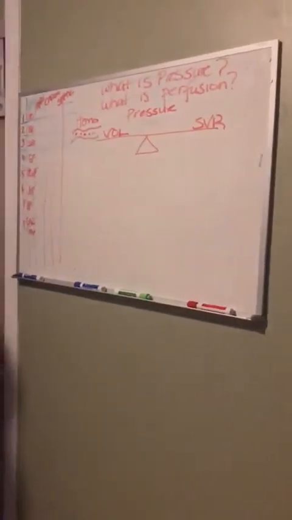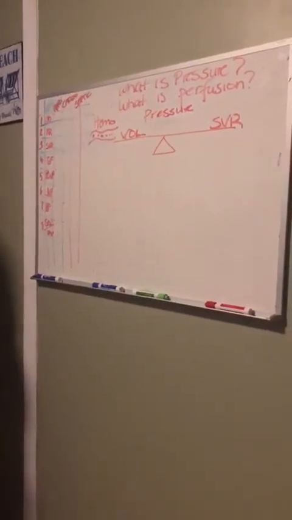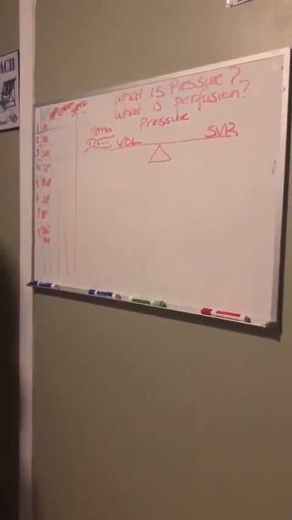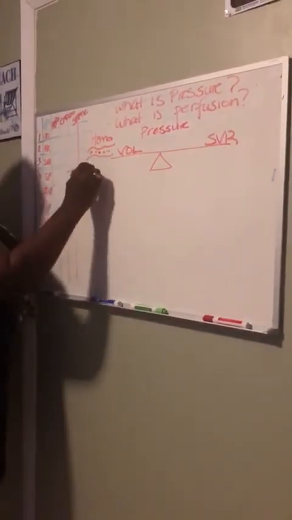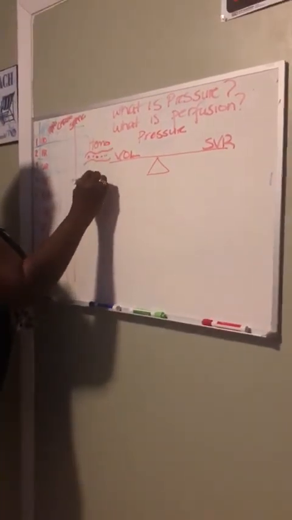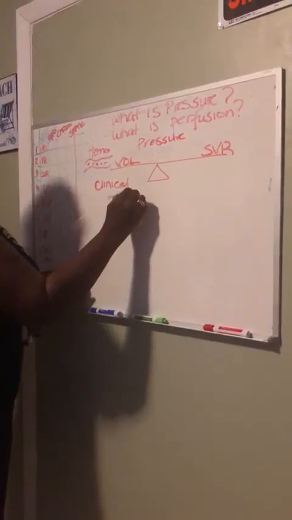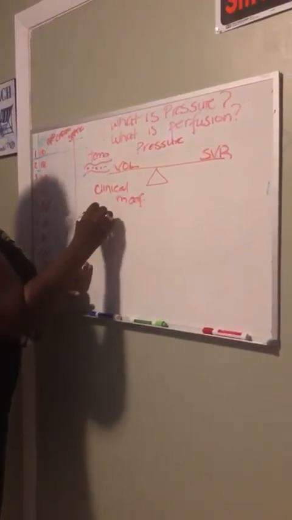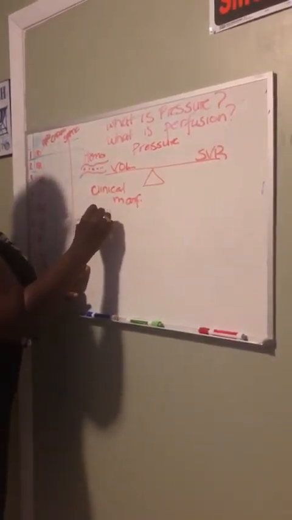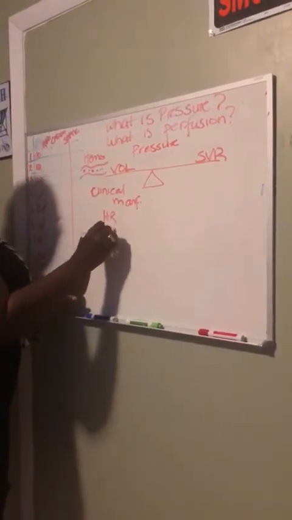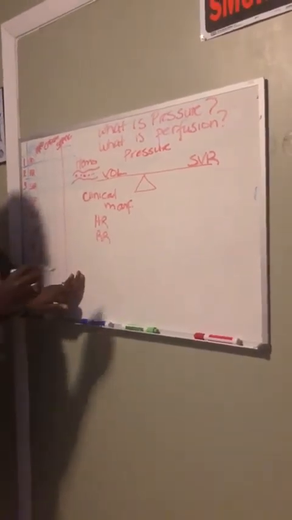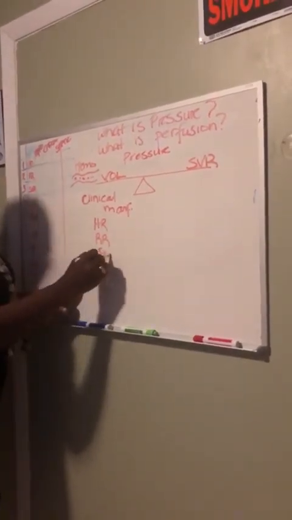So what happens when perfusion is low? 1, 2, 3, 4 things happen in the system. There are clinical manifestations that occur. Clinical manifestations: 1, heart rate. 2, respiratory. 3, skin.